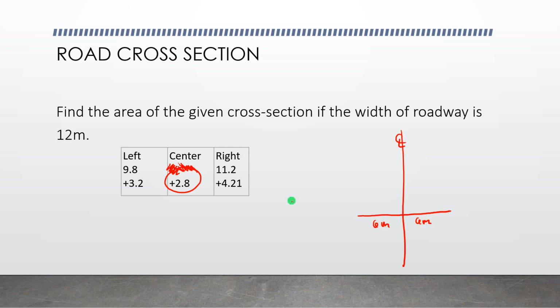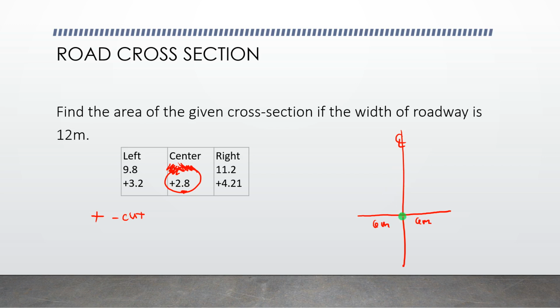So at the center, we have a positive 2.8. That positive 2.8 means that if we have a positive value for the height, we are going to excavate, or we have a cut here, because this difference in elevation means that the ground surface is 2.8 meters above the roadway.